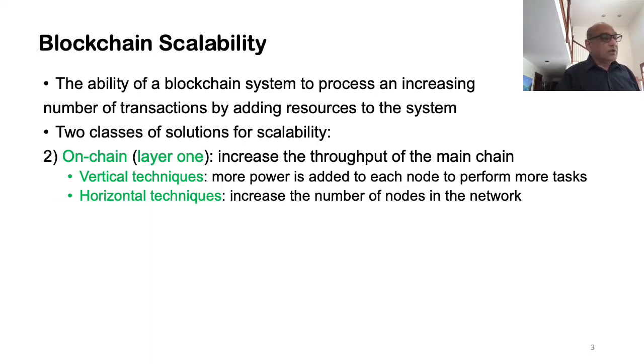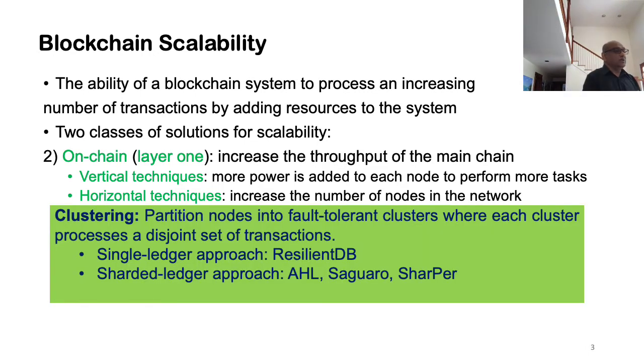Conceptually, this is the idea of clustering or partitioning, where you try to overcome the scaling problem by doing a divide and conquer. Instead of trying to solve the bigger and bigger problem, you break the problem into smaller pieces and solve them. That's the idea of what is referred to as sharding.